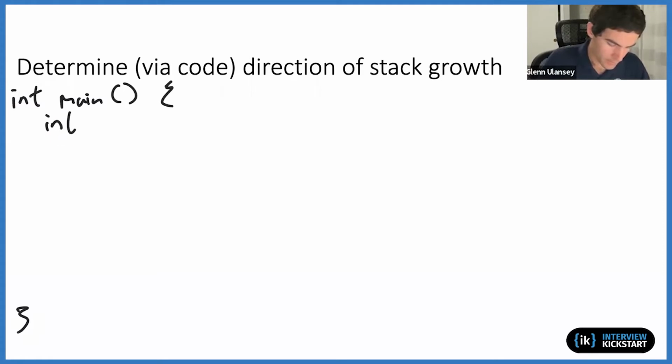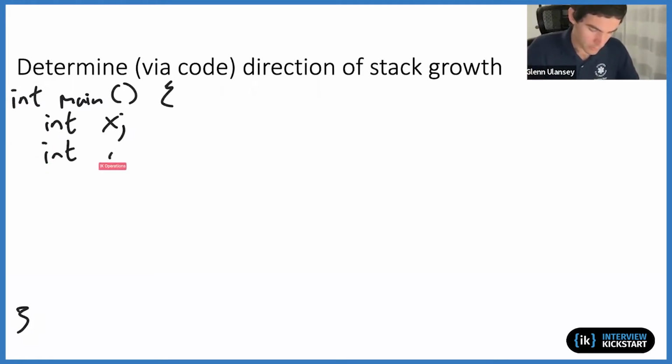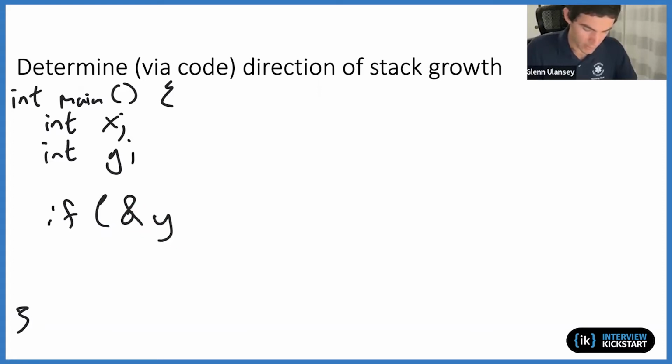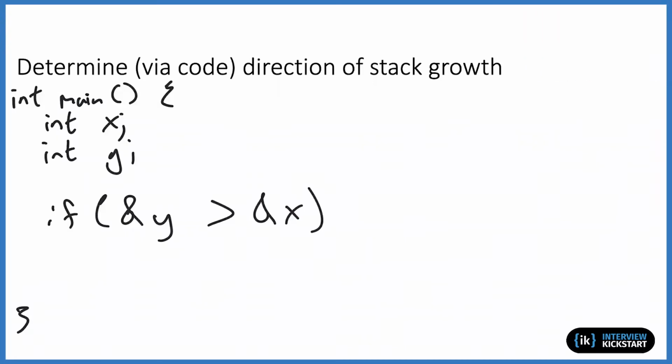It doesn't really matter what, declare an X, have a Y, and then you would do something like: if address of Y is greater than address of X. Is that what you were getting at? Yes. Perfect.